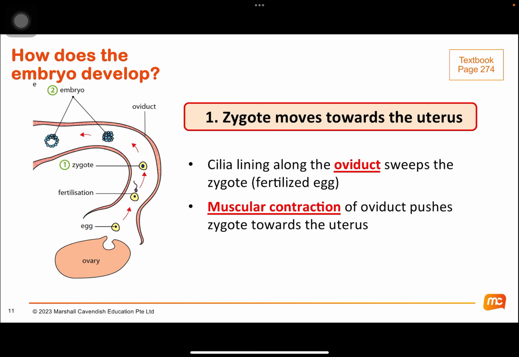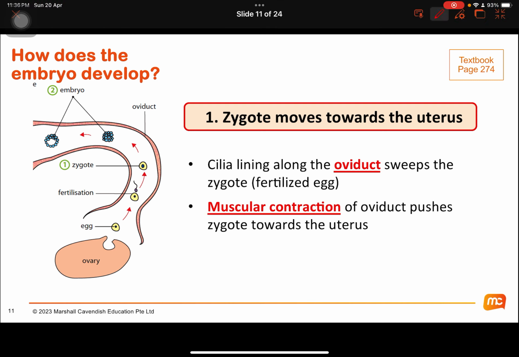So take note, the site of fertilization is the oviduct, but the site of implantation and development is the uterus.